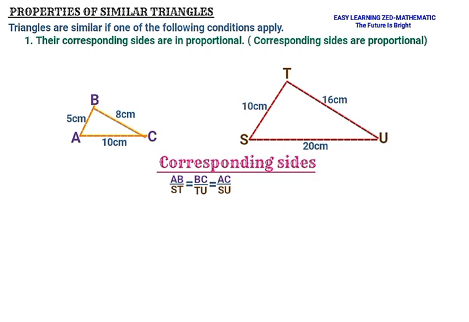Okay, so now let's replace these sides by their measurements. We have AB is equal to 5 centimeter over ST is equal to 10 centimeter, which is equal to BC is equal to 8 centimeter and TU is equal to 16 centimeter, then AC is equal to 10 centimeter and SU is equal to 20 centimeter.